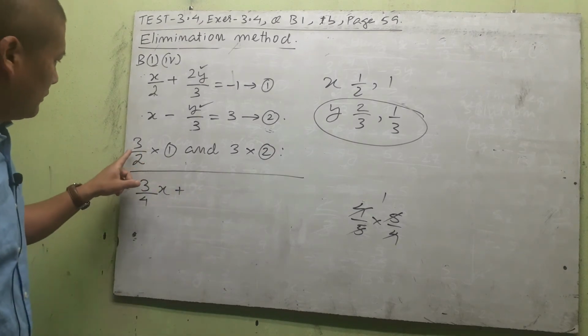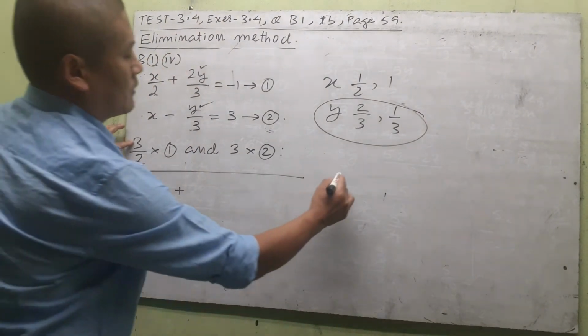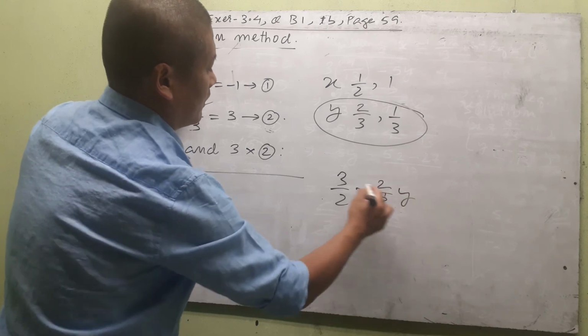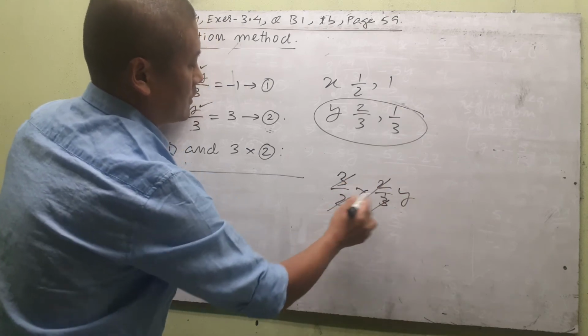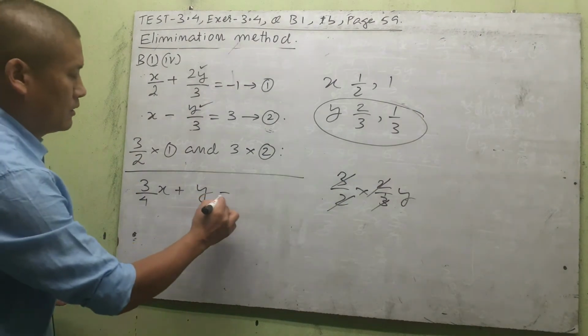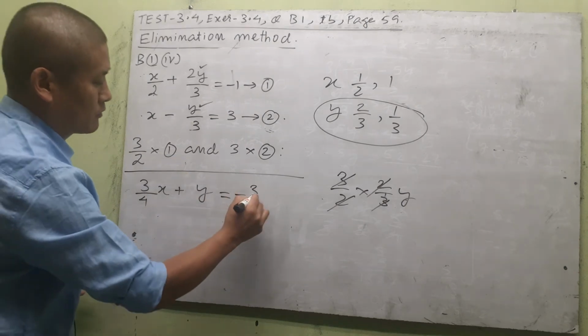Next here 3 by 2 will multiply 2 by 3y. So this 3 3 2 2 cancel, so only y left, means 1y. Then here plus into minus, minus 1 into 3 by 2 is minus 3 by 2.